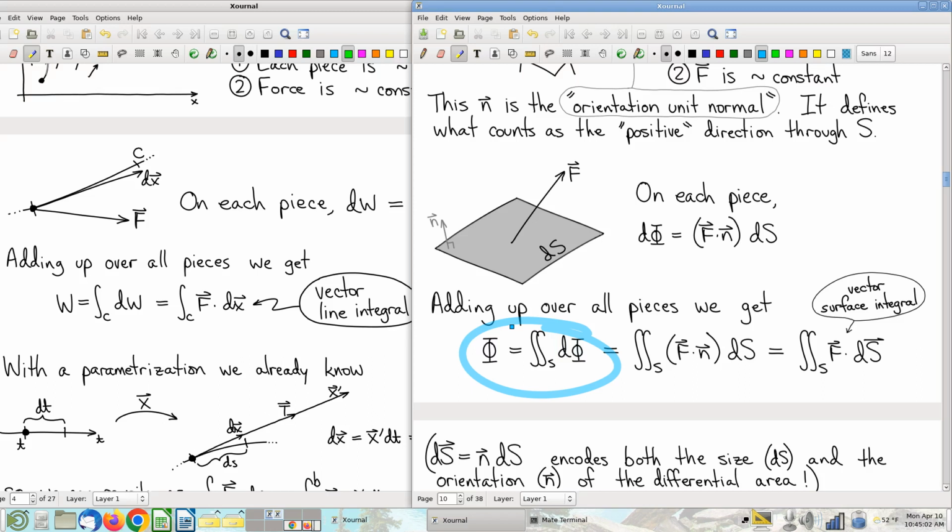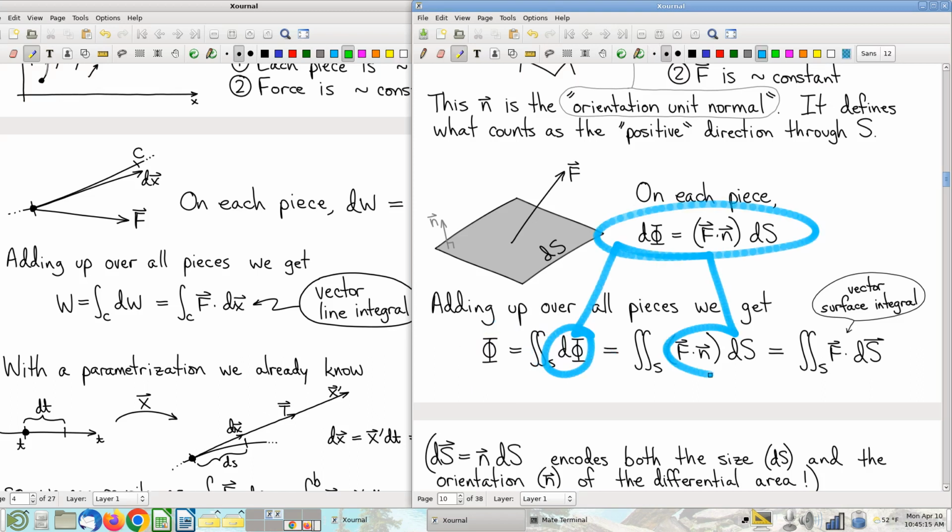You could be forgiven for not realizing once you write this down that, oh my gosh, there's an orientation issue coming up. So very natural to use double integral notation. Again, this is just a recopy. And so, vector surface integral.